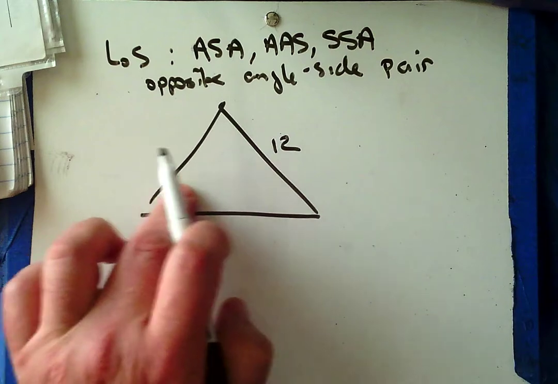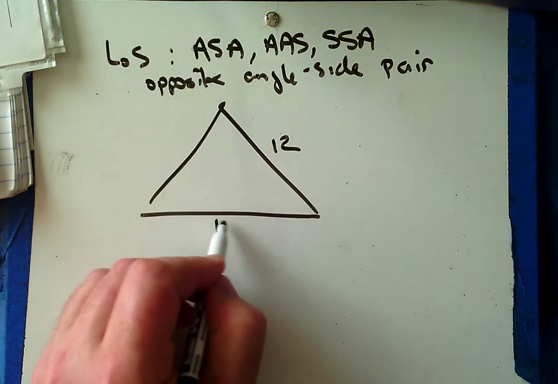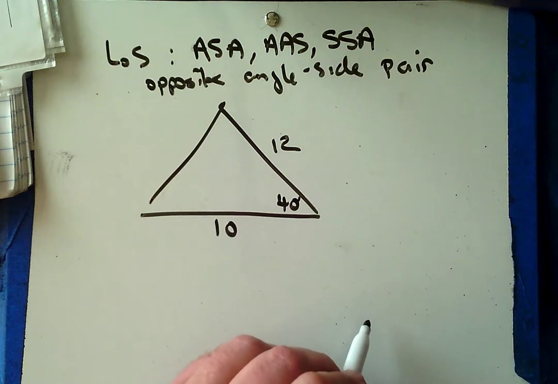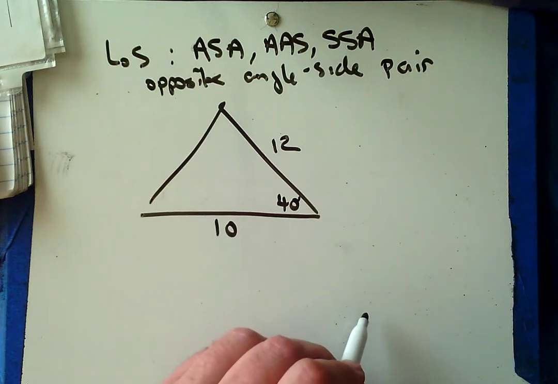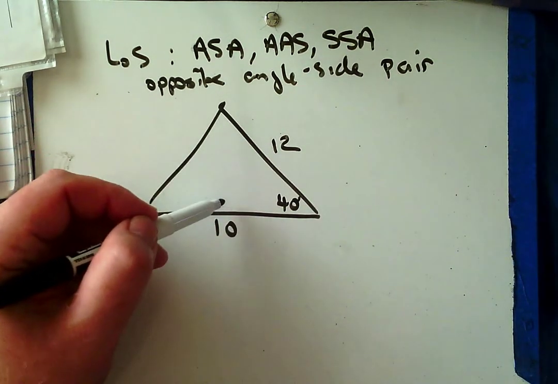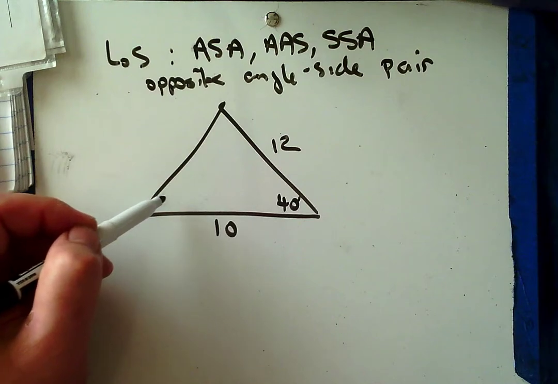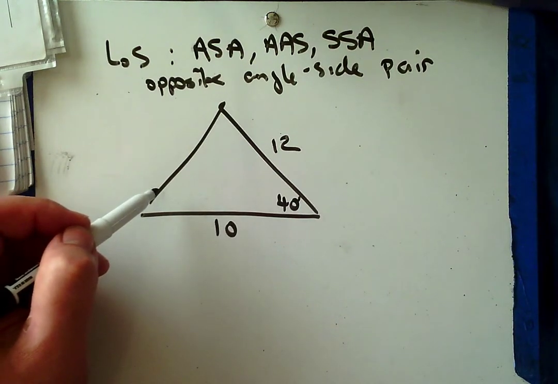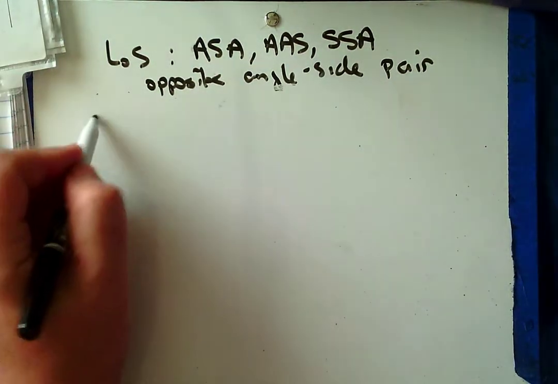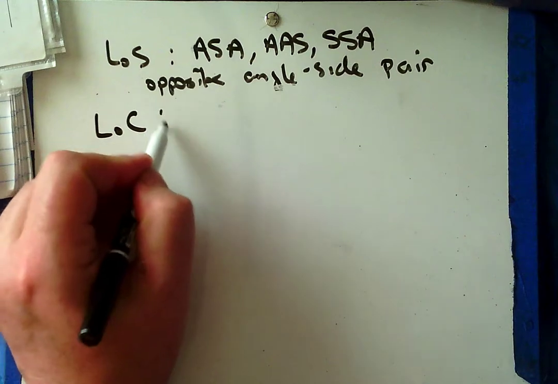If I had something like this, 10 and 40 degrees, I have a tough time using law of sines because I don't have any opposite side angle pairs. I don't know that side length, I don't know that angle, I don't know that angle, and I don't really have a way to find those. So we're going to need another tool besides law of sines. And this tool is law of cosines.